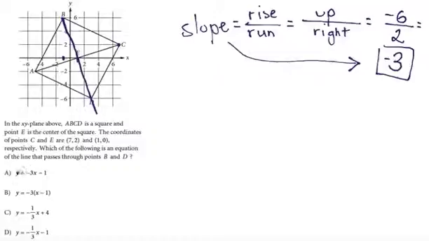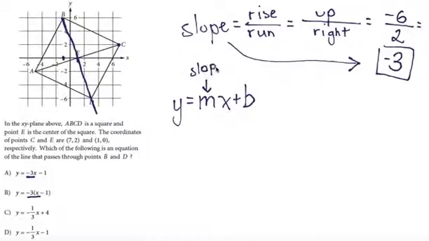Note that if you look at these options, only 2 of them have a slope of -3. Here's one that has a slope of -3, and here's one that has a slope of -3. The question is, which of these is the right one? This, of course, is using the formula y equals mx plus b, where m equals the slope.